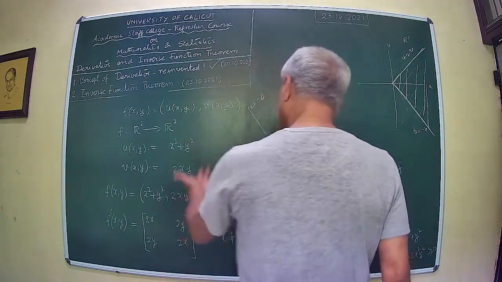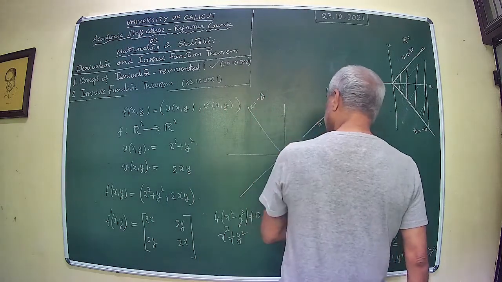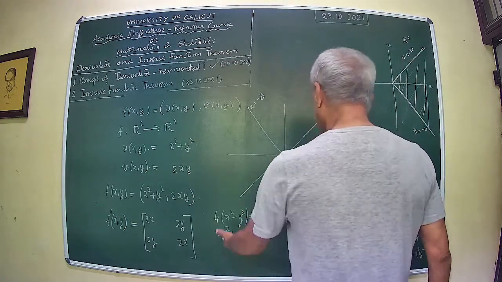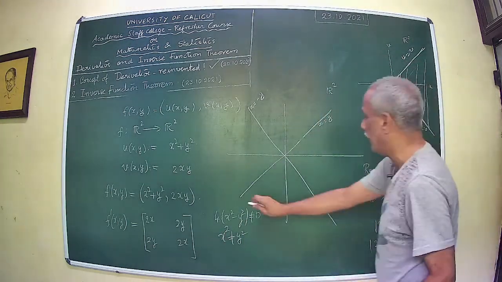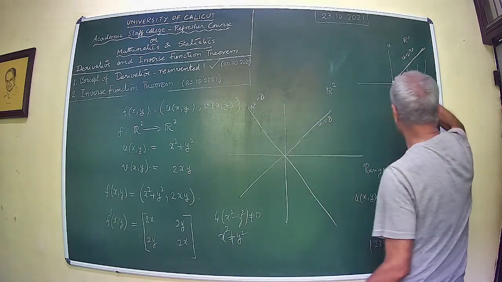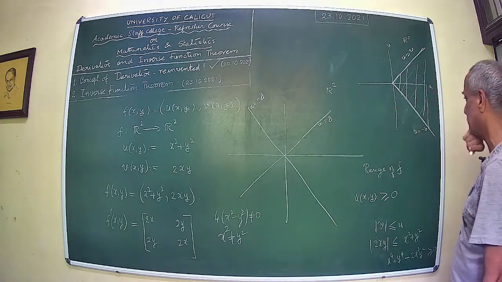If you put x equal to minus y, that is this line, then its image is again the line u equal to minus v. So you have got this whole line going over to this, and the whole line going over to this line. These are the boundaries that you have.